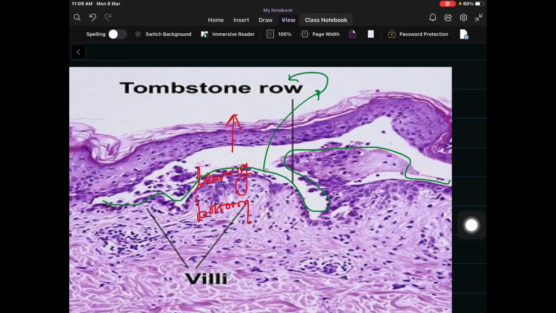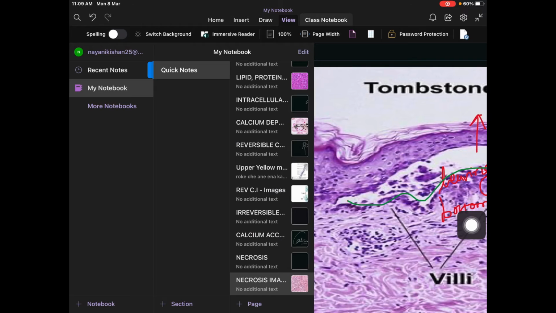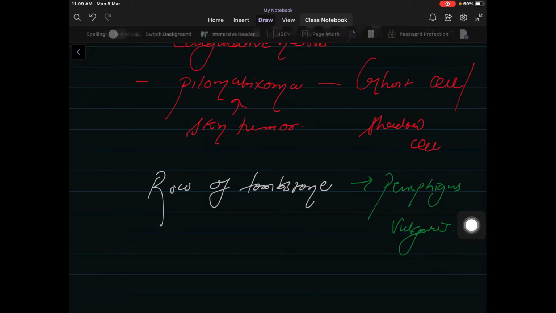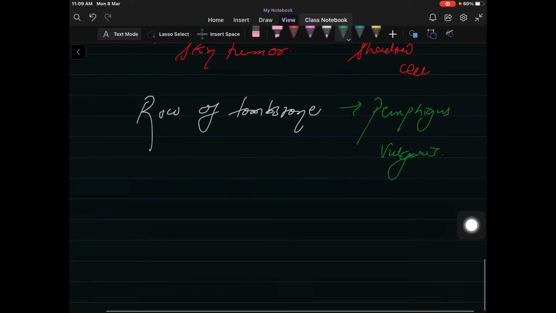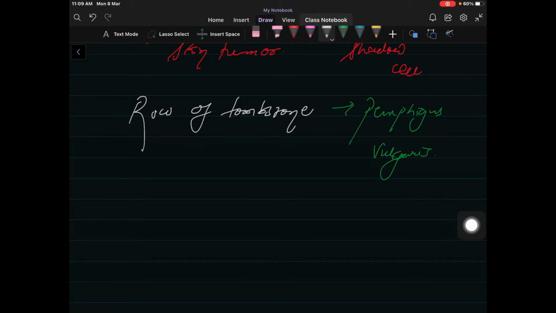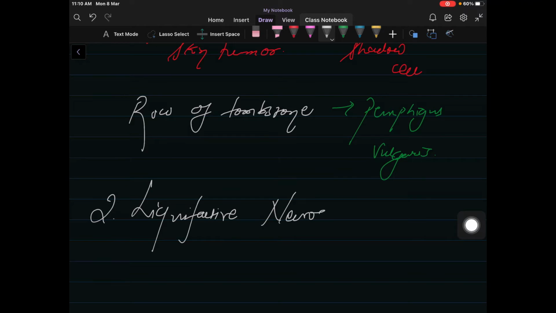Now let's move on to the second type of necrosis, that is liquefactive necrosis.